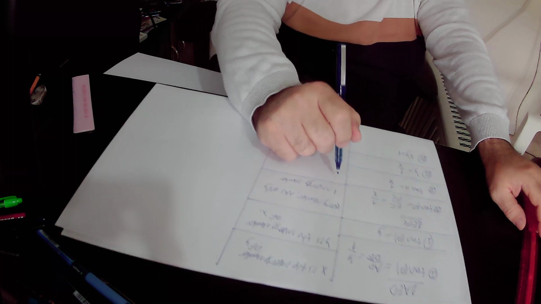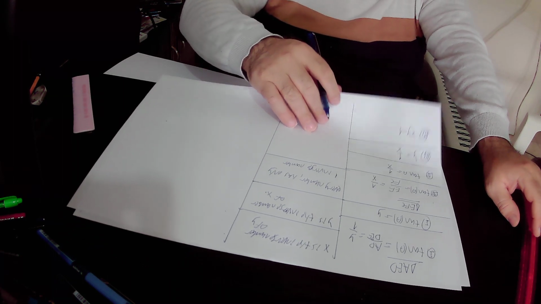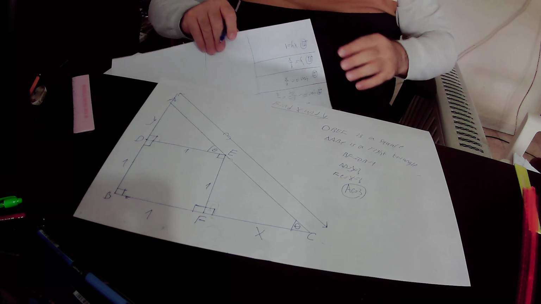Okay, so in the next step, we will focus on the right triangle, triangle ABC.